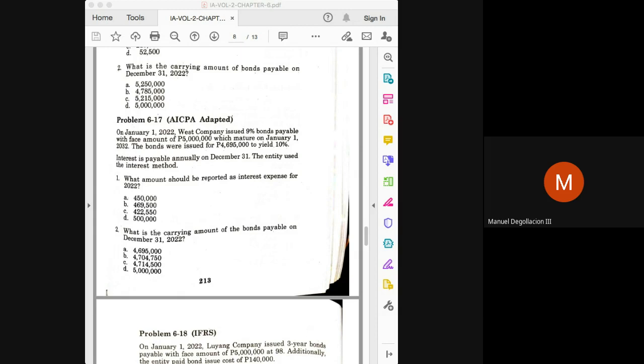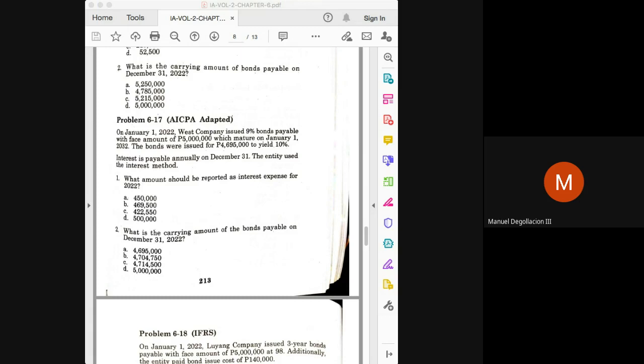If the initial discount is 305,000 and the amortization of the discount is 19,500, then the remaining discount as of the end of the first year is 285,500.